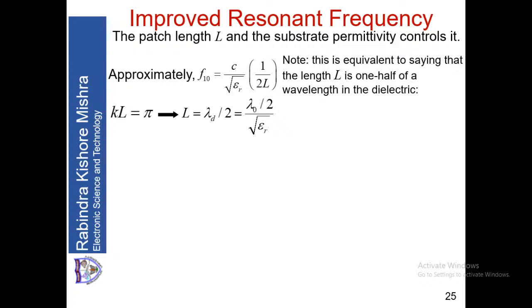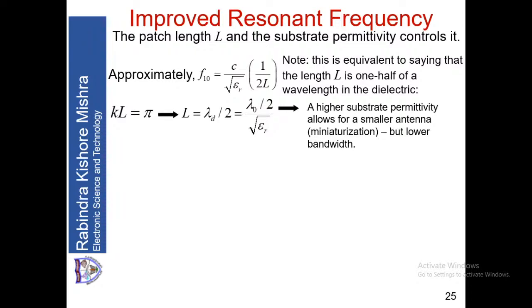For other cases it will be smaller than lambda 0 as long as epsilon r is greater than 1. So L is equal to lambda 0 by 2 root over epsilon r. That again implies that a higher substrate permittivity allows for a smaller antenna, miniaturization, and lower bandwidth. Why lower bandwidth, I will discuss later. So that is one thing that we have seen.